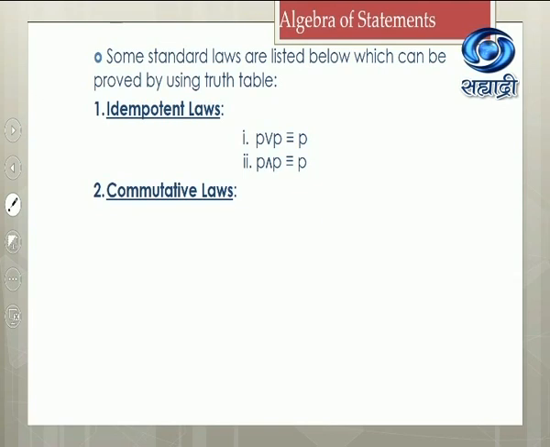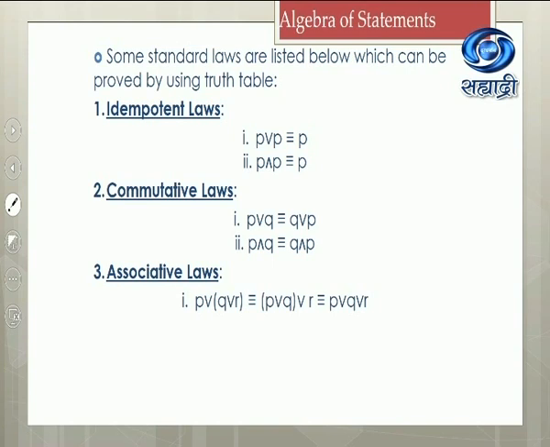Next are commutative laws. P or Q is equivalent to Q or P. P and Q is equivalent to Q and P. Like we know A plus B equals B plus A, or you can remember that 2 plus 5 is the same as 5 plus 2. So conjunction and disjunction are also the same.